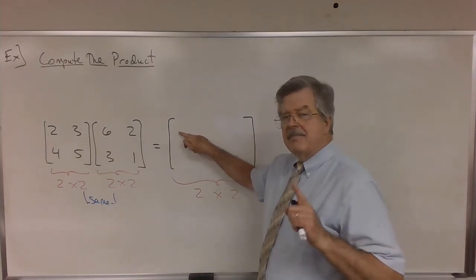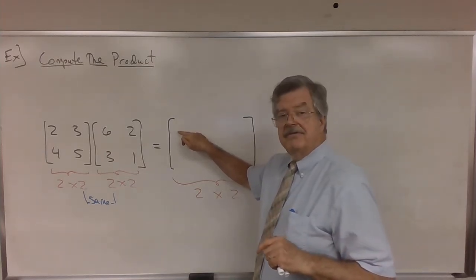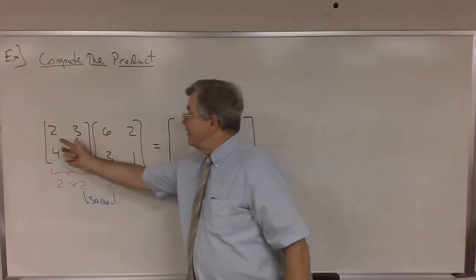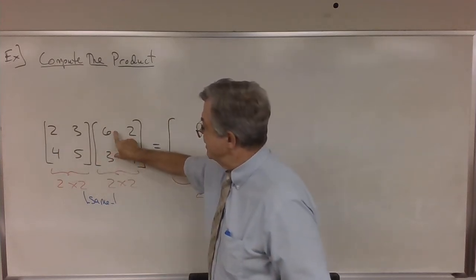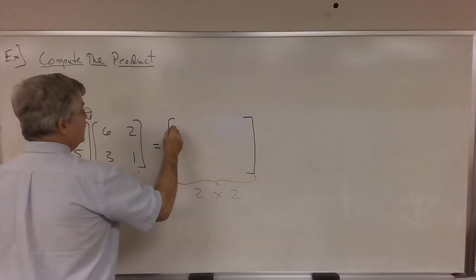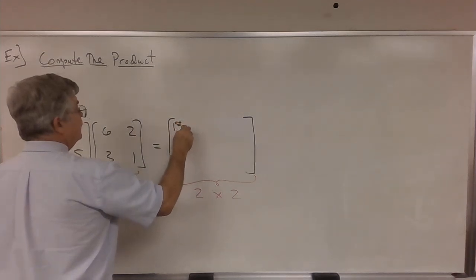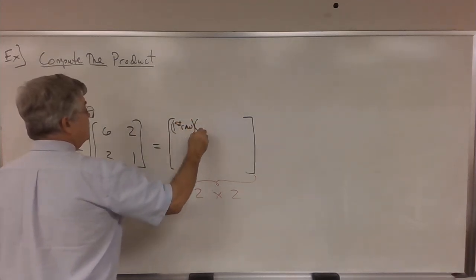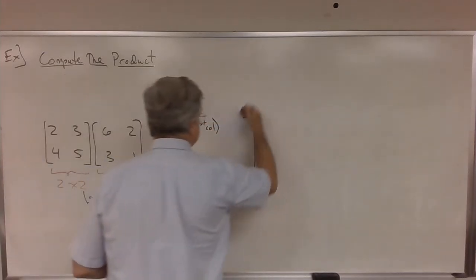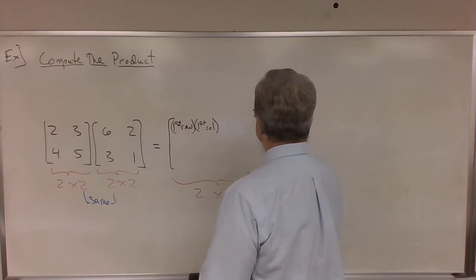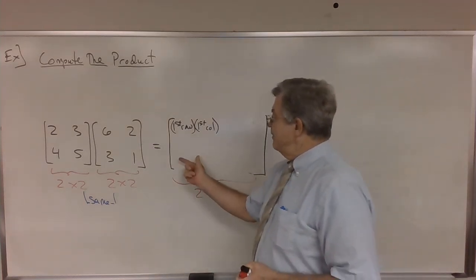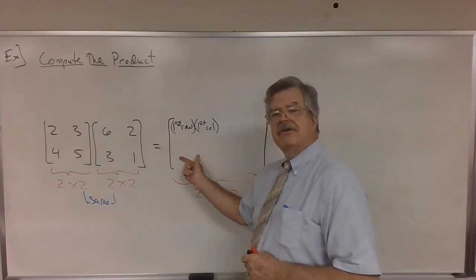Keep in mind, I'm in the first row, first column. This is the product of the first row times the first column. Now, I go down one entry.